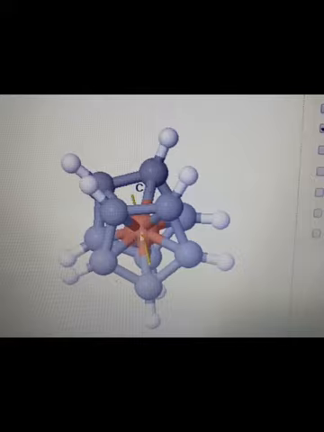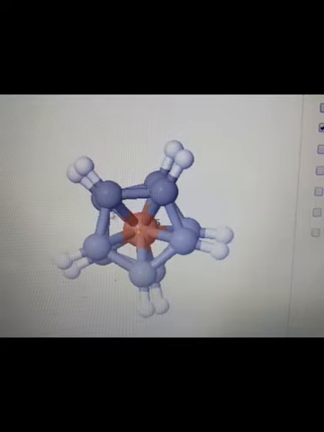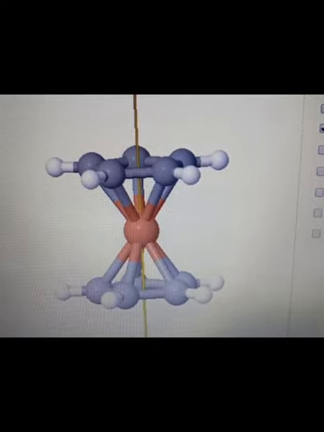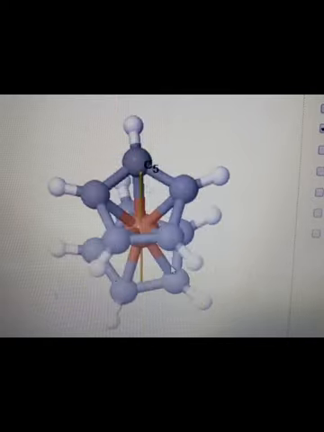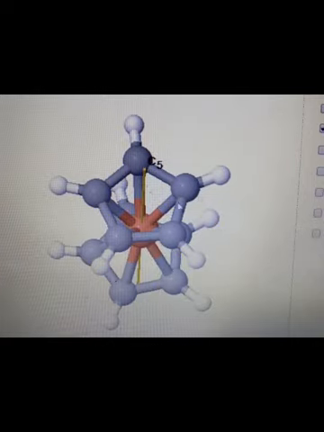If you look at the rotation, how is the rotation possible? The rotation takes place like this, such that it gives you an equivalent structure. Another view of this. So this is how the rotation is taking place.